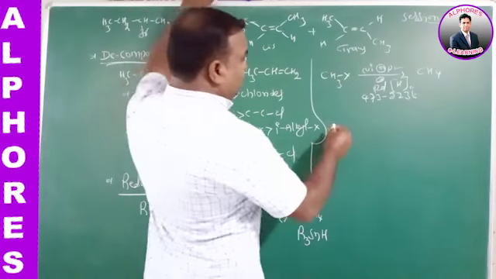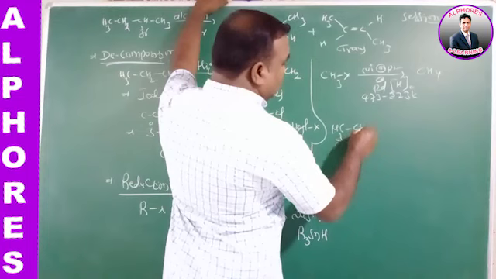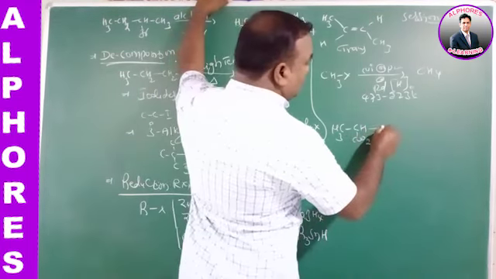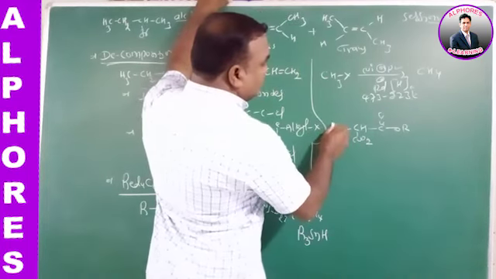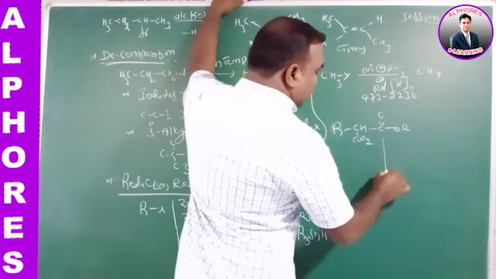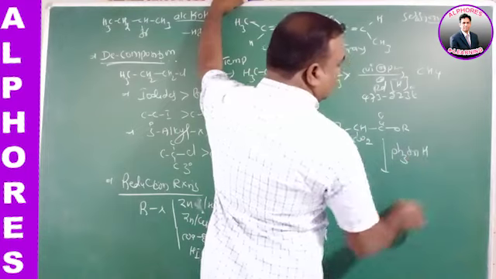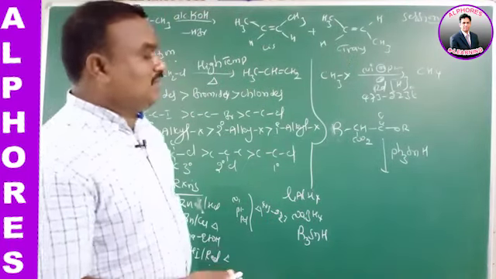For example, suppose a compound is given which has an NO2 group, and here a C double bond OR is given. The reagent is triphenyl tin hydride, or trimethyl tin hydride, triethyl tin hydride, like this.